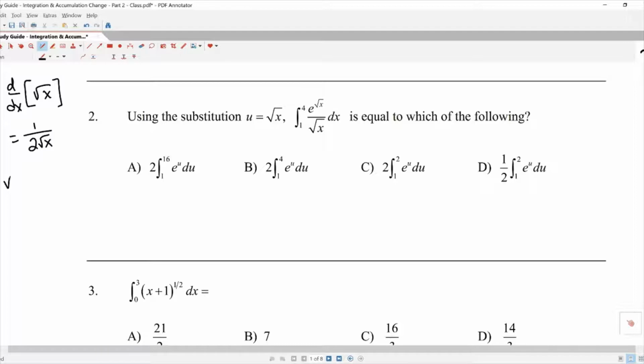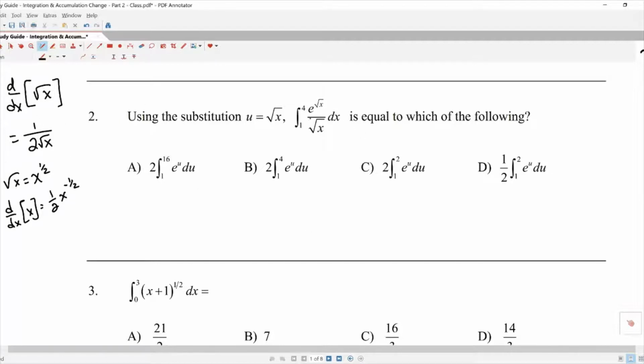Just real quick, the square root of x is x to the 1/2, and so the derivative of that is going to be 1/2 x to the negative 1/2. So the negative would send it down, the 1/2 being the square root. It might be worth memorizing.